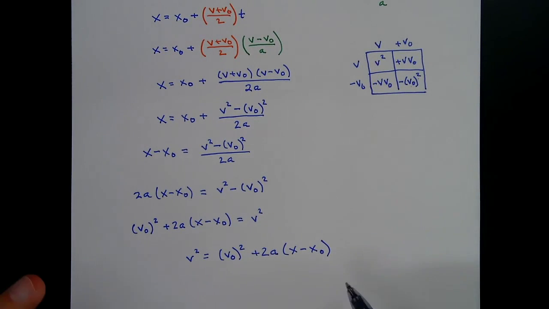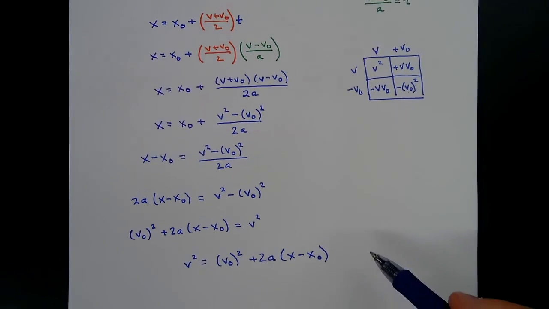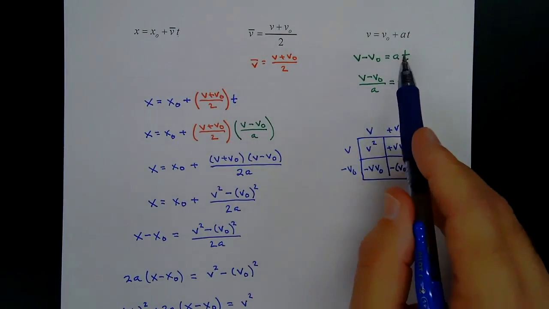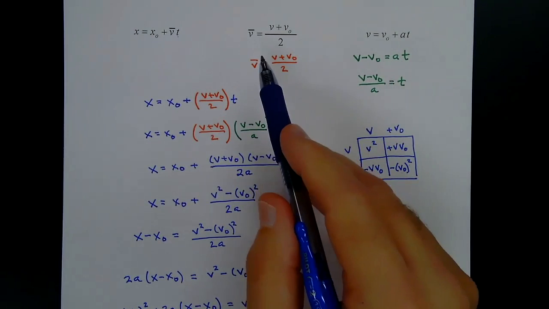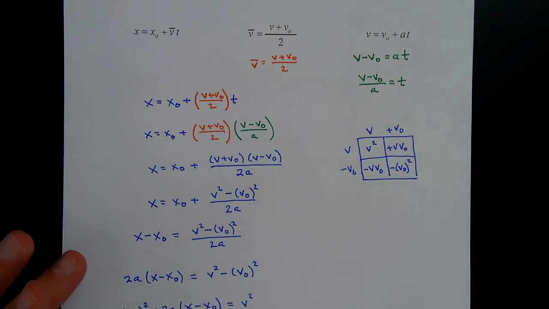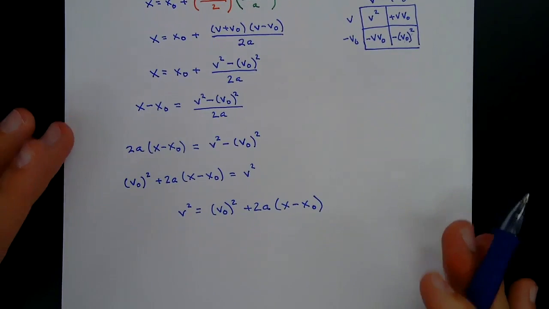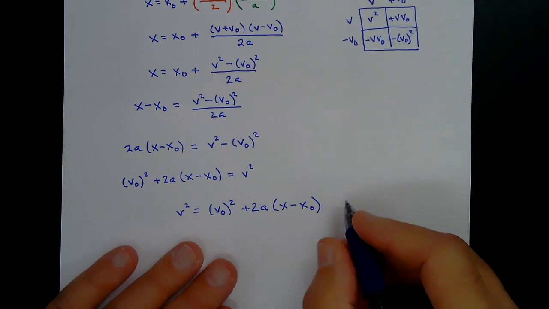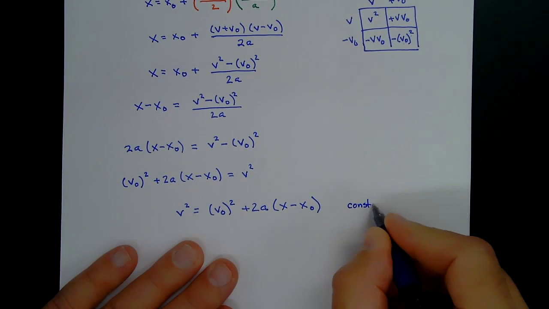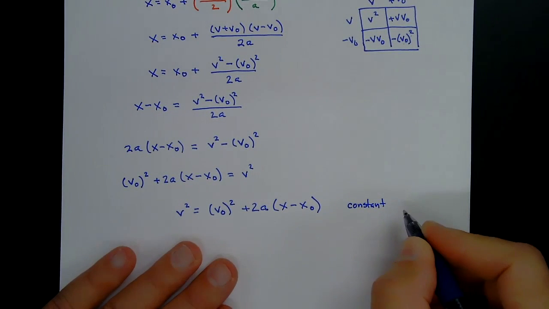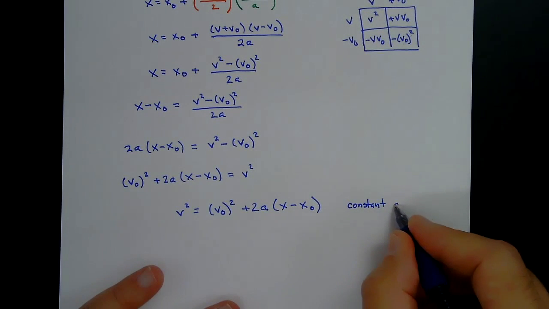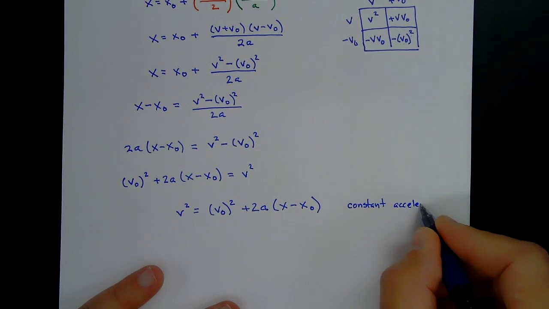Once again, this was all based on these two equations, and these two equations were based on constant acceleration. So once again, we can only use this when we have constant acceleration, okay? Constant acceleration.